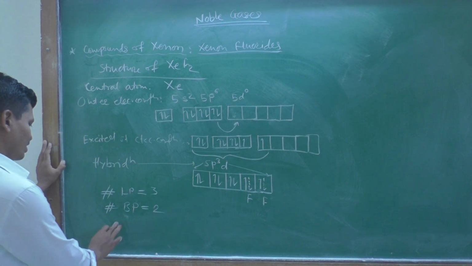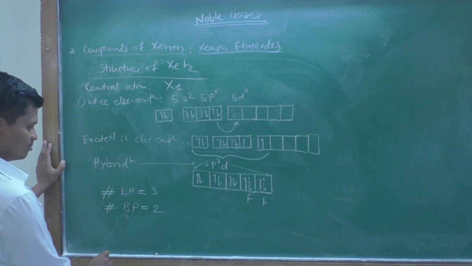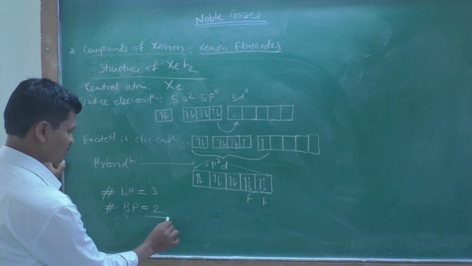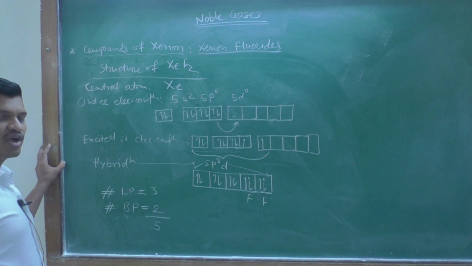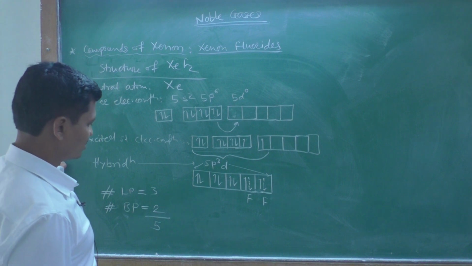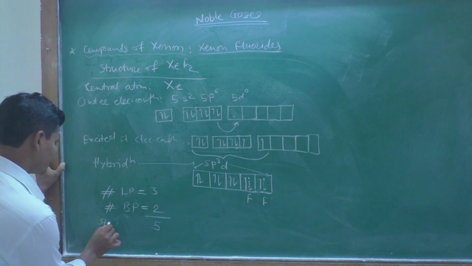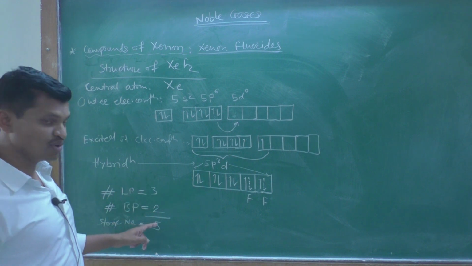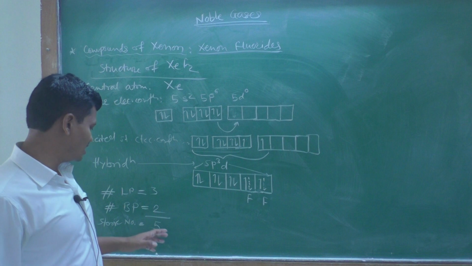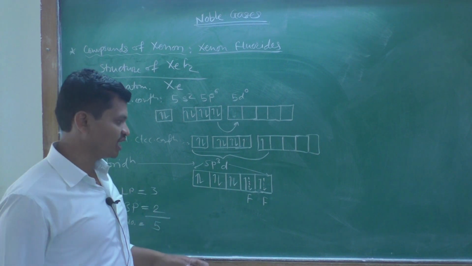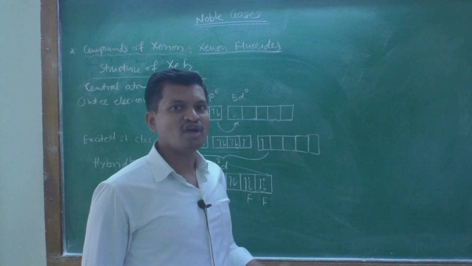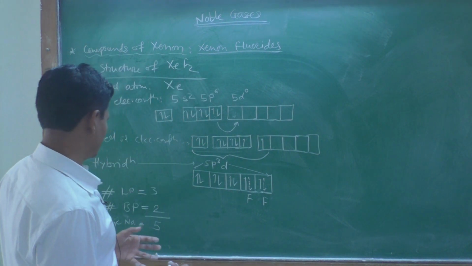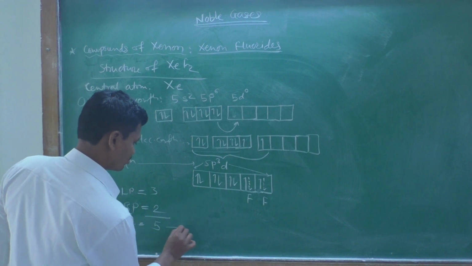So 3 plus 2, the total is equal to 5, okay, and we call this the steric number. Steric number, in this case 3 plus 2 is 5, and according to VSEPR theory, if the steric number is 5, the electronic geometry is trigonal bipyramidal.